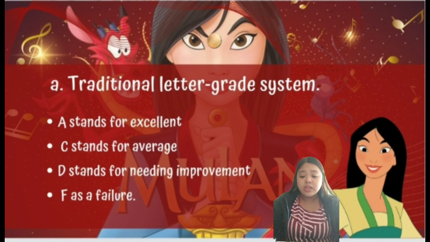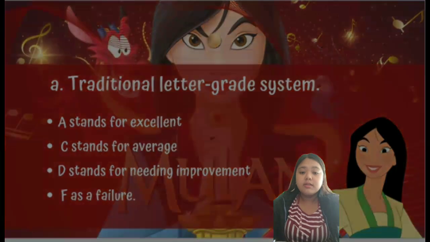The traditional letter grade system is easy to understand, but it is of limited value when used as the sole report, because grades end up being a combination of achievement, effort, work habits, or behavior. As such, they are difficult to interpret.